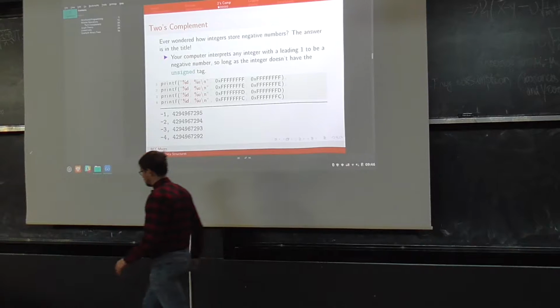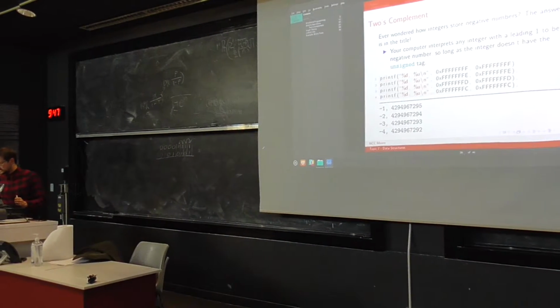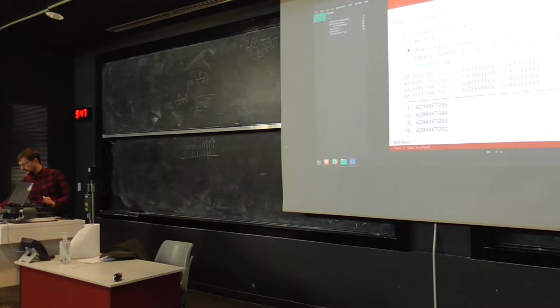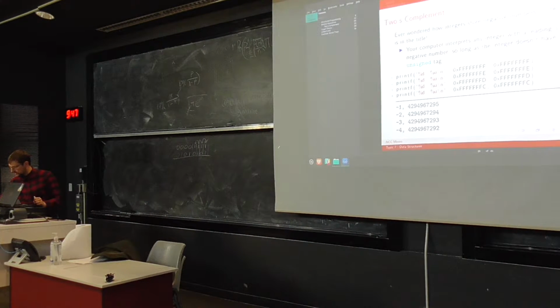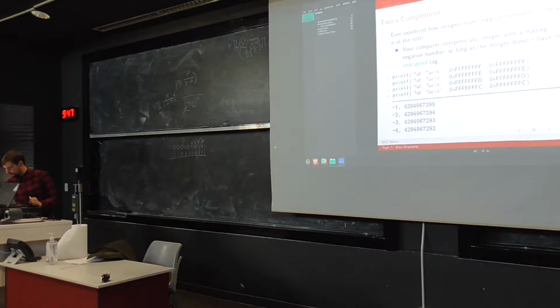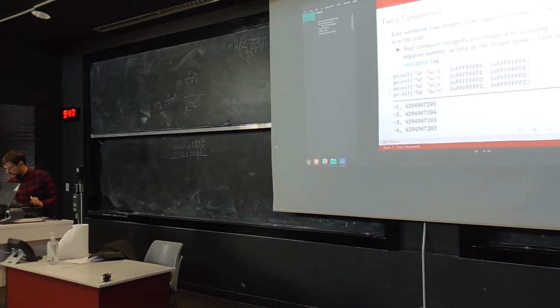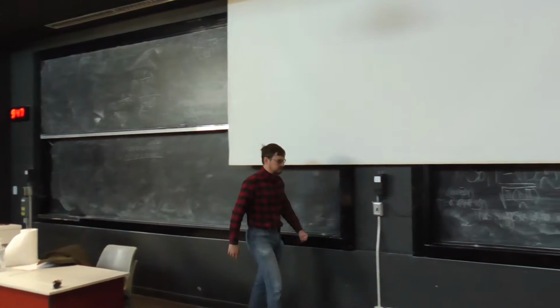So, rather than do the stuff that's in the slides, which is long, boring, and confusing, and I've since learned a much better way to teach this, I'm just going to do the better way of teaching it. Projector. There we go.